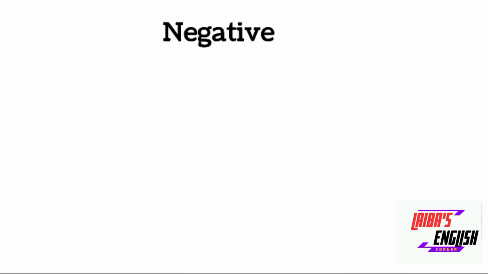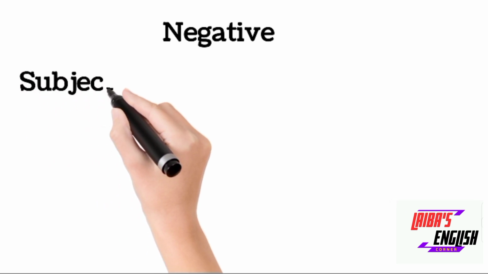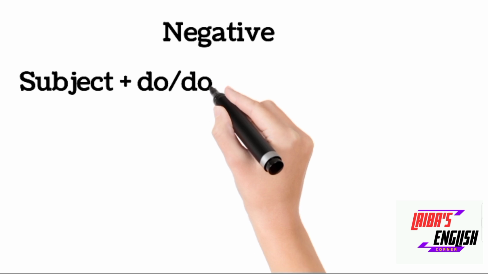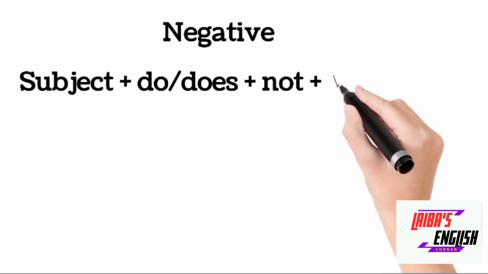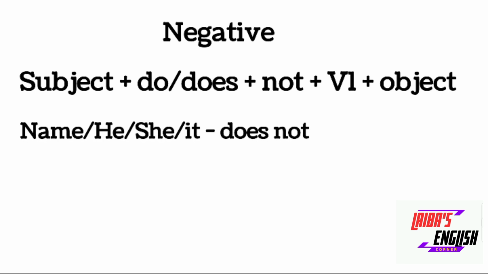Now we are done with the simple affirmative sentence of the simple present tense, and now we will make it negative. For making it negative, it is a must to have the helping verb. In this present tense, we use the helping verbs do and does. So the structure will be subject plus do or does plus not plus verb first form and an object.